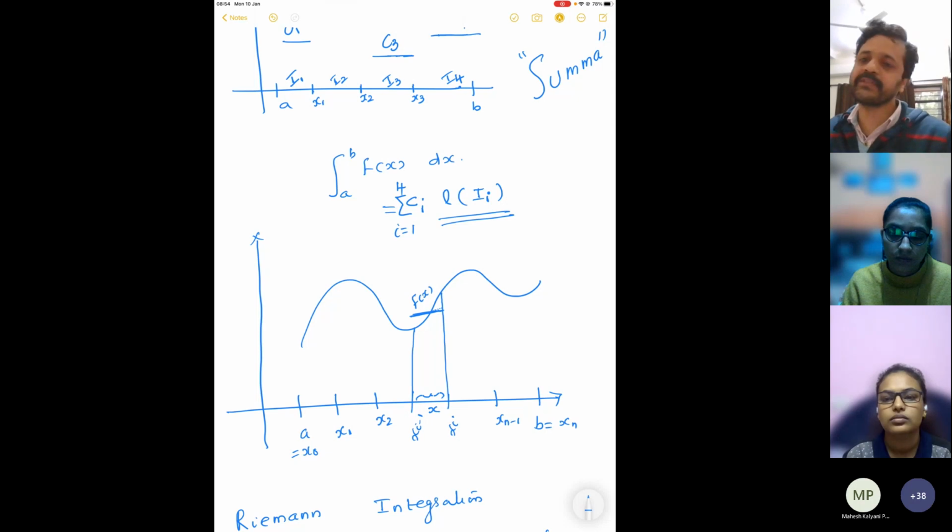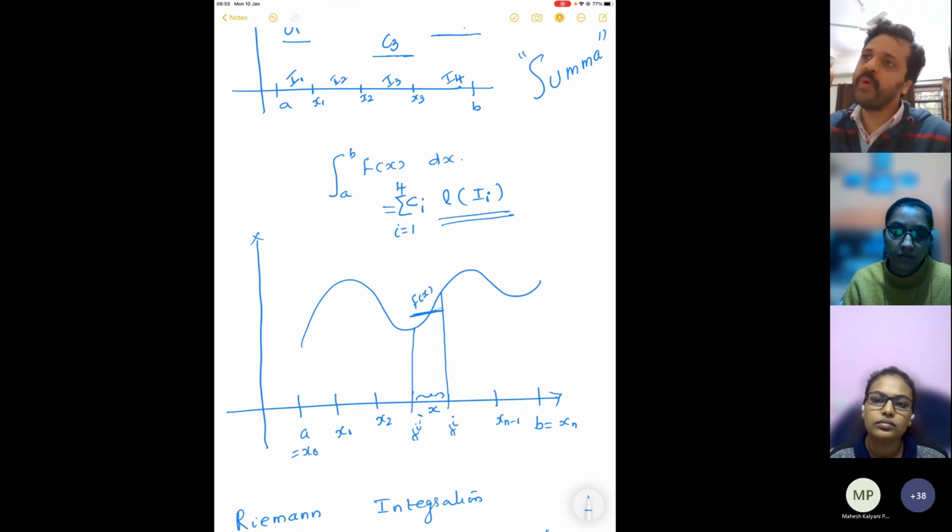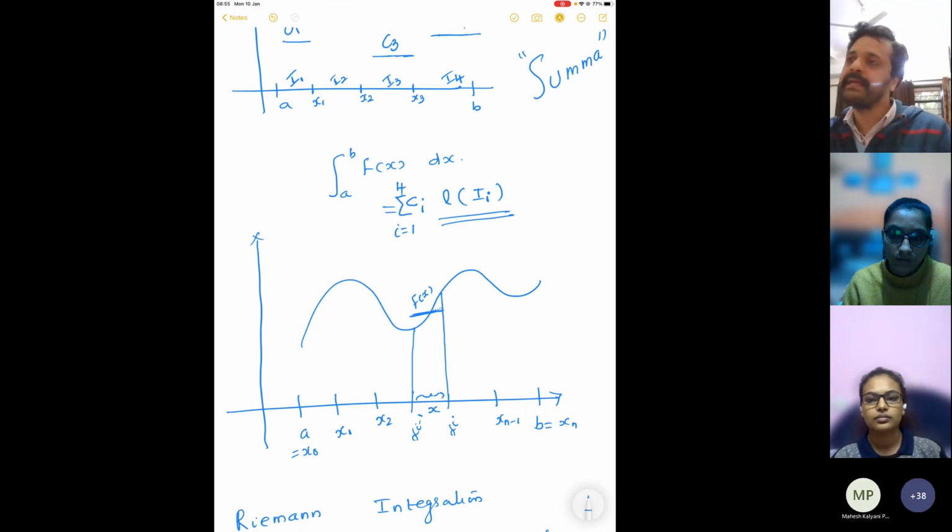Instead of considering f of x to be varying, consider it as a constant, and that constant he multiplied with the number of notes. Are you with me? The total bundle of notes divided into several sub bundles. In each sub bundle the notes are of different value, but Riemann approximated with a single representative and multiplied that value with the number of notes in that sub bundle. That's what Riemann did. But this is not the way to count currency, right?